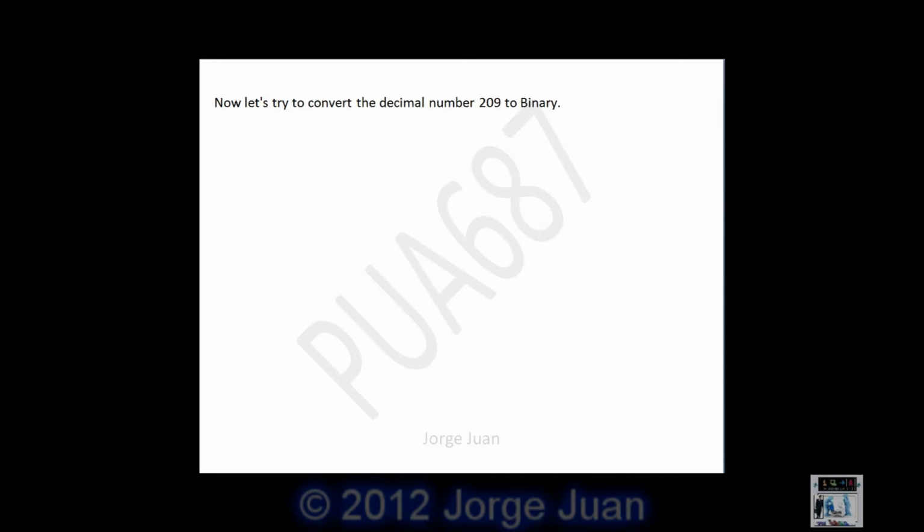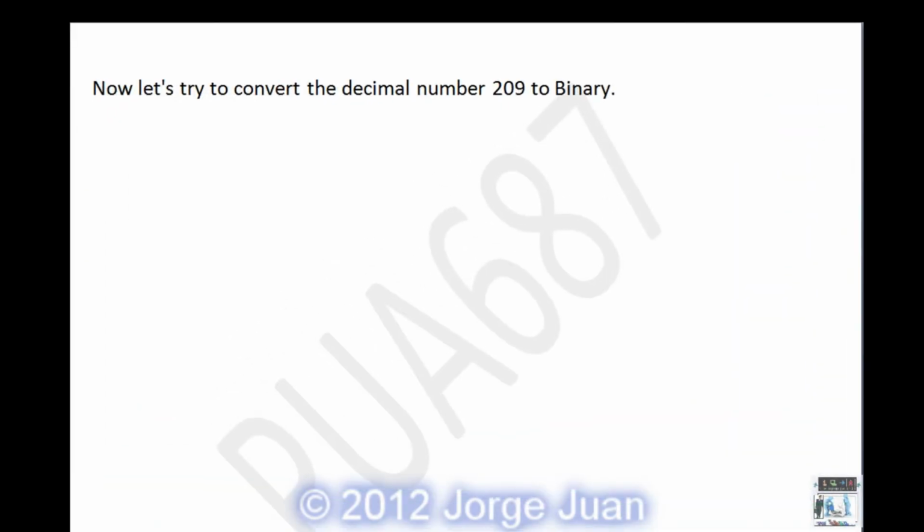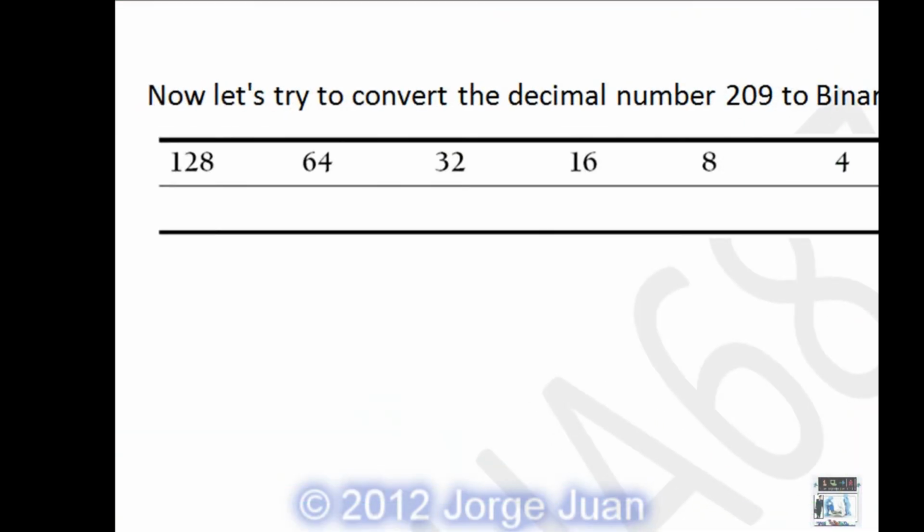Okay, now let's try to convert a decimal number 209 to binary. The first thing you should do is draw the conversion table that we just used. The next step after you set up the table is to consider whether the highest binary value that you have is larger than the number you're converting, or in this case 209.